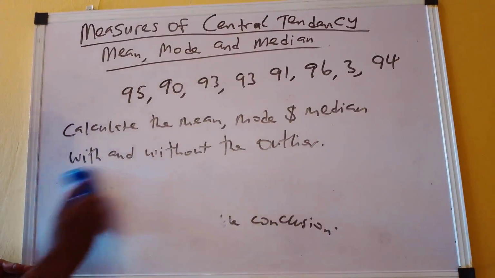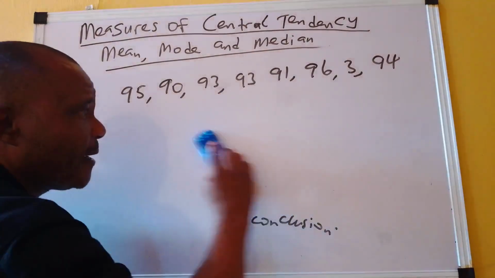Now, there is no doubt that the outlier for this particular problem is 3.